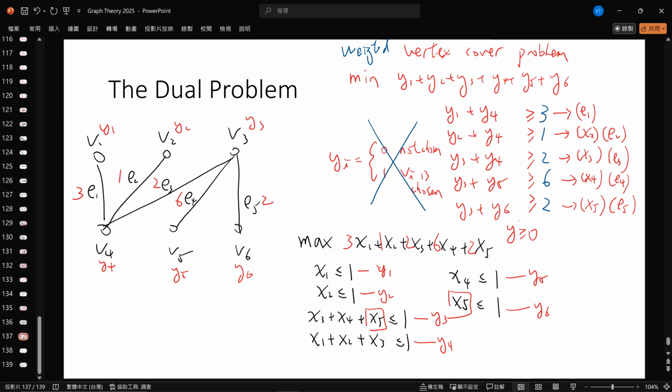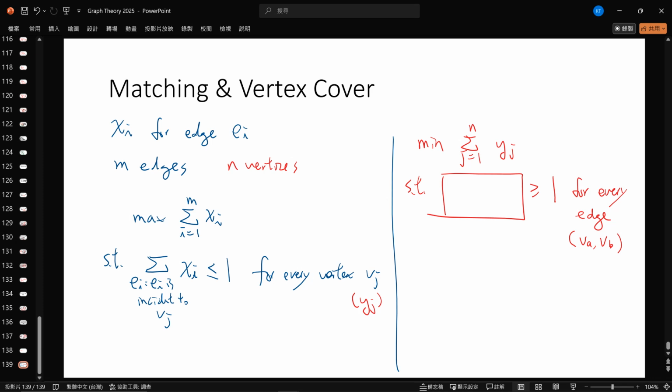Take the two endpoints of the edge, and their sum will be the left-hand side. If this edge has endpoints VA and VB, then the two endpoints have dual variables YA and YB, respectively, so their sum should be at least 1.